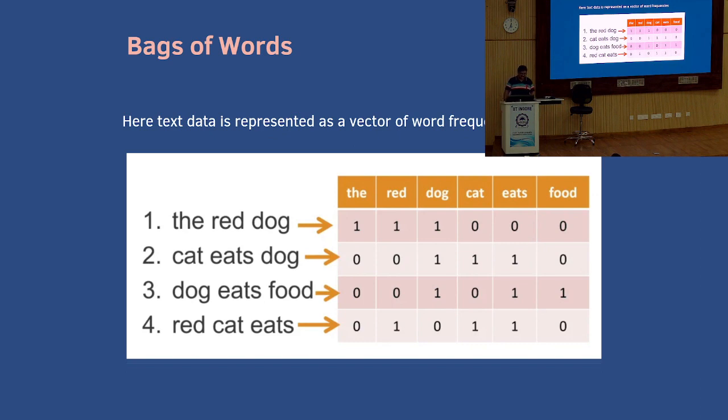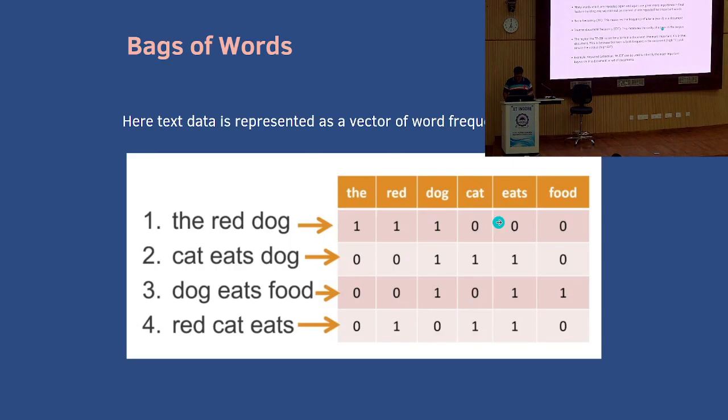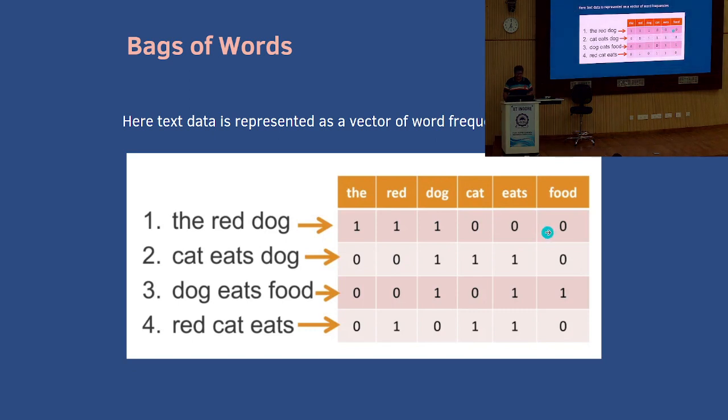Now let's take the sentence, the red dog. In this we have to map the word frequencies into their respective cells. In the red dog, the comes one time, so we put 1 in this cell. Red also comes one time, dog also comes one time, cat comes 0 times, eats comes 0 times, food comes 0 times.